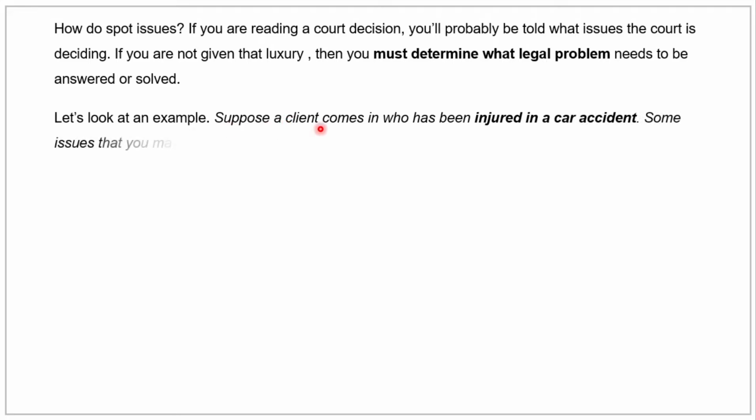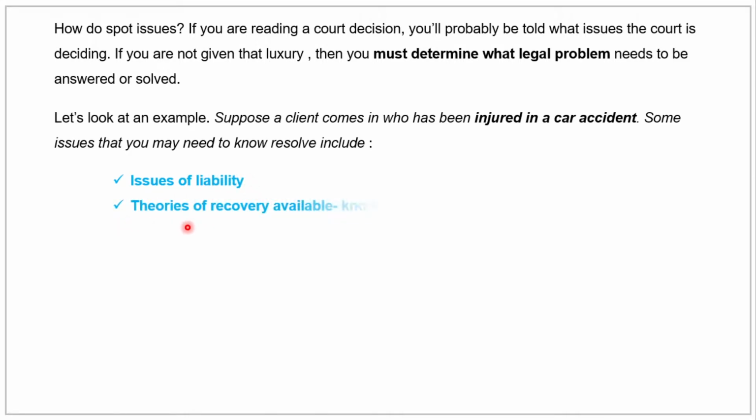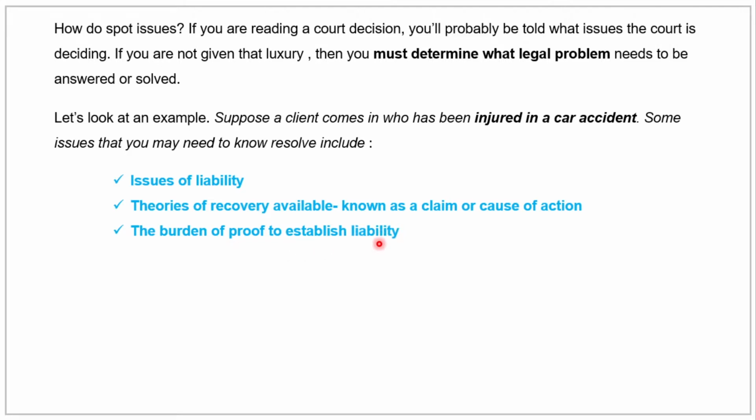Suppose a client comes in who has been injured in a car accident. Some issues that you may need to resolve include issues of liability, theories of recovery available, known as a claim or cause of action, the burden of proof to establish liability, defenses to liability, and measure of recoverable damages.